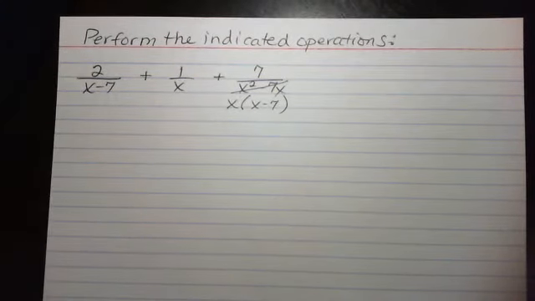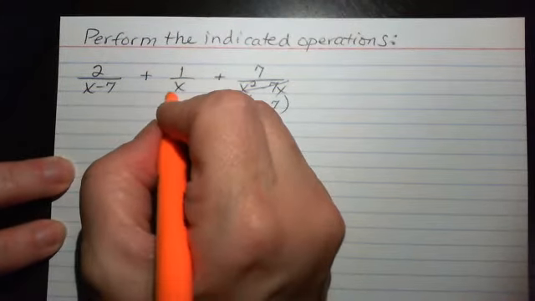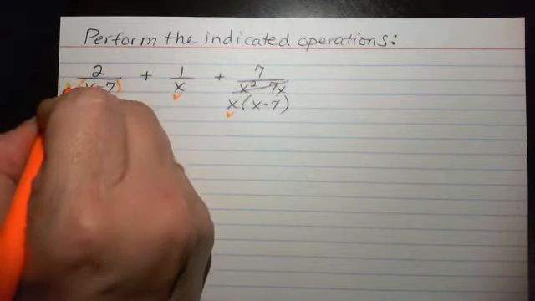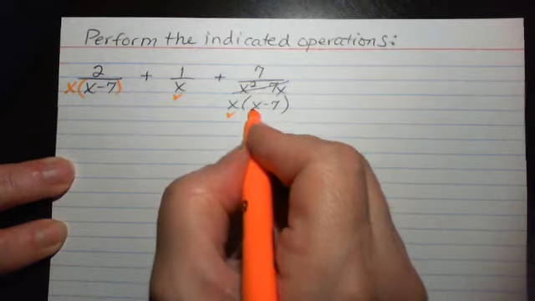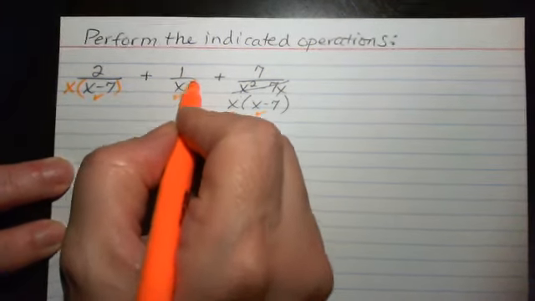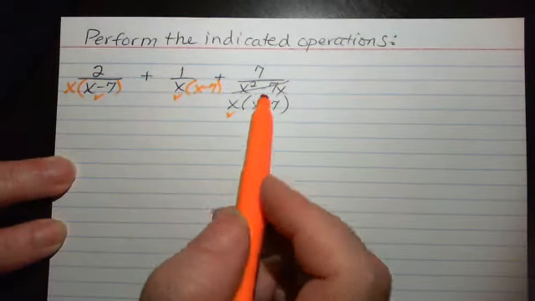Now that allows us to see that this factor has an x, and so does this one, but this one does not. This factor has an x minus 7, so does this one, but this one does not. But now when we fix that, all three denominators are common.